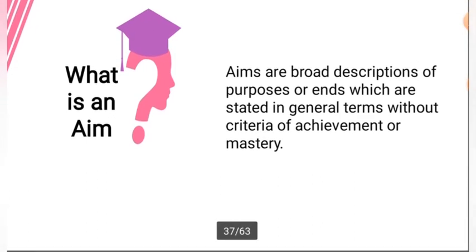Next, you'll encounter the question as to what is an aim, and aims are broad descriptions of purposes or ends which are stated in general terms without criteria of achievement or mastery. Aim relates to educational aims and philosophy.